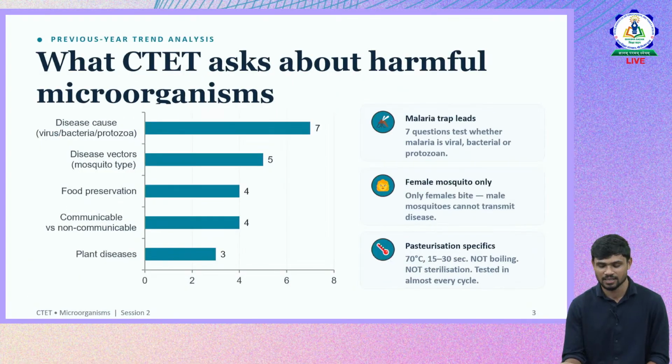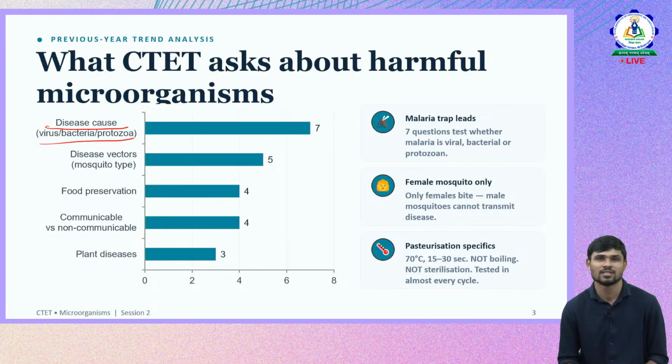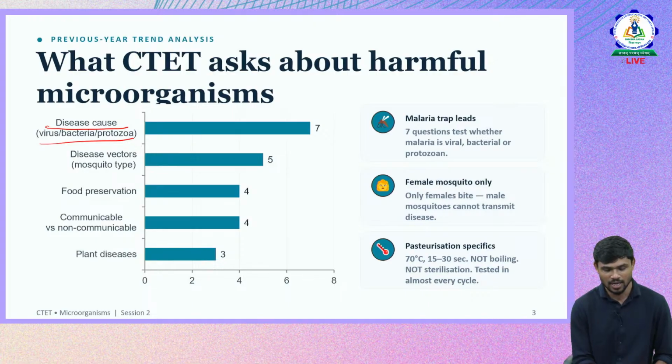So where exactly CTET was focusing more with respect to harmful microorganisms is diseases. There are different microorganisms that cause different kinds of diseases, how they are caused, and which organism causes which disease. All these are important. Then disease vectors.